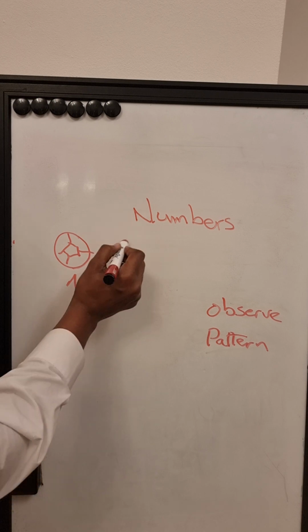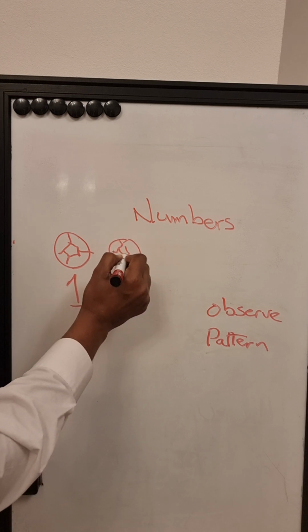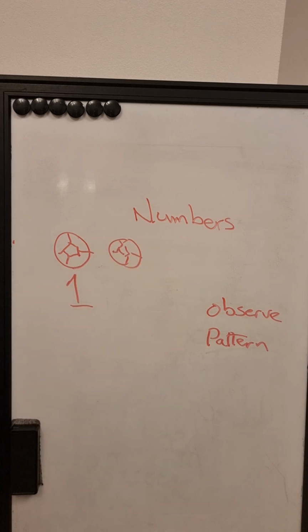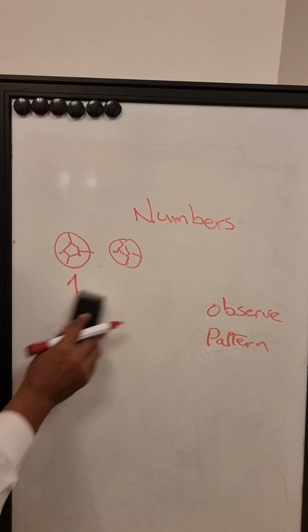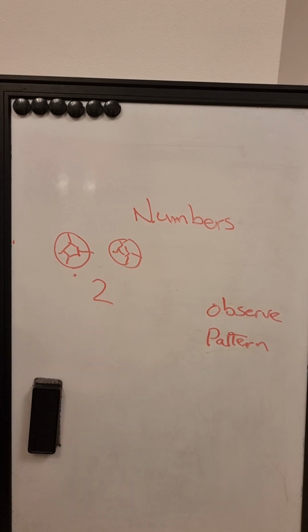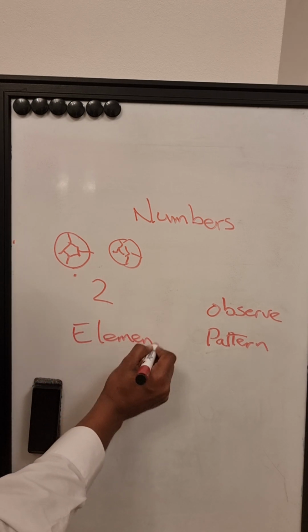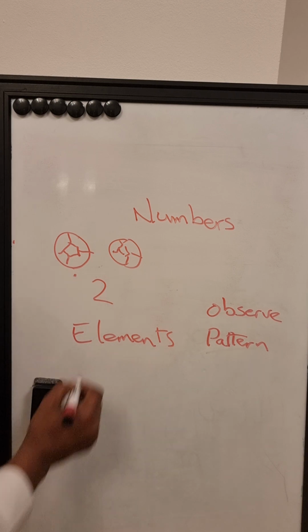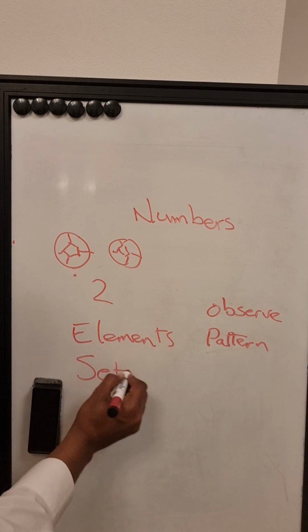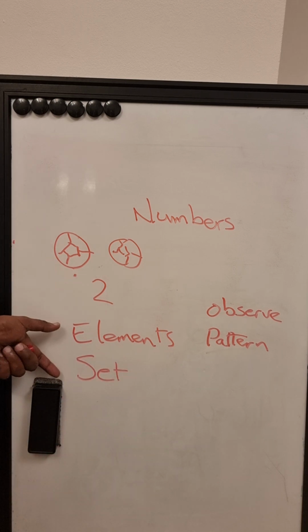The next page, you get 2 balls, maybe 2 bananas, and you get the number 2 beside it. What do we call those? We call them elements. And elements make sets. We say a set of elements, and this is the building block of mathematics.